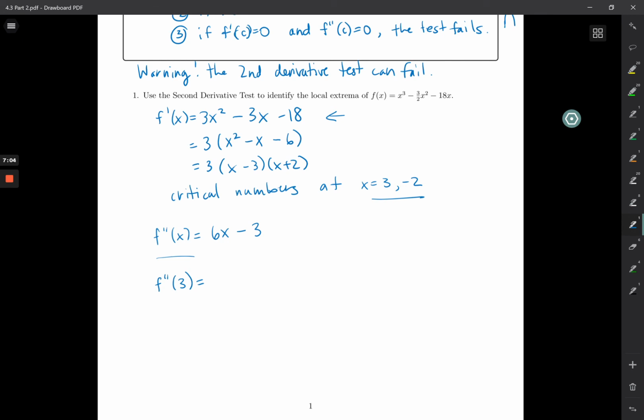If we plug in 3, we'll get 6 times 3 minus 3, and that will give us 18 minus 3, which is 15. So that's greater than 0.